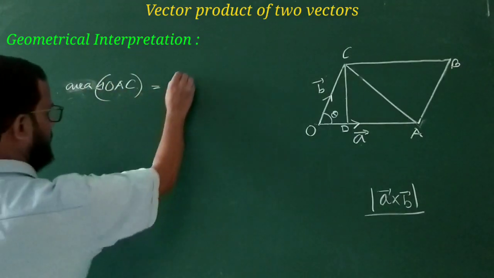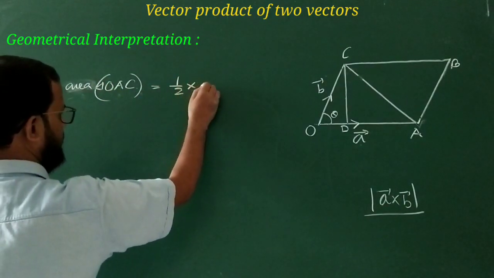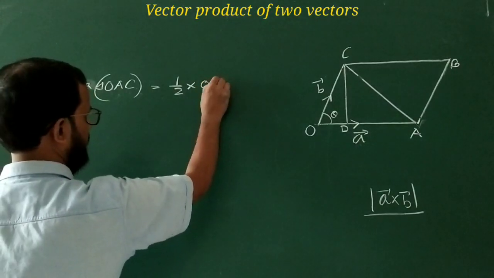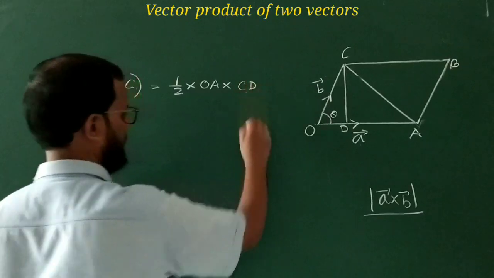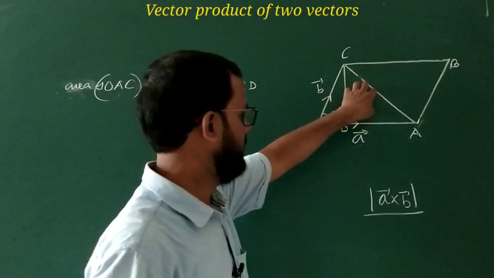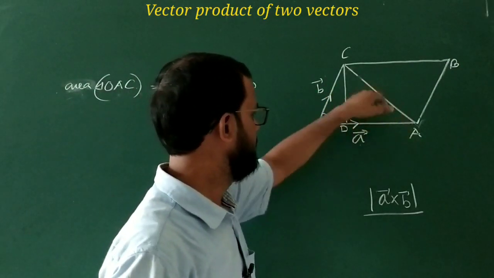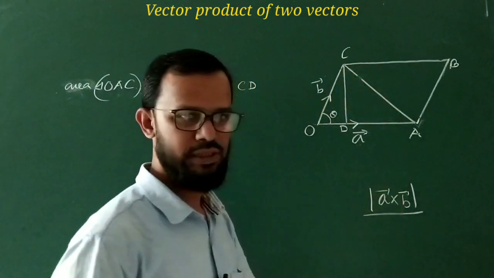We know that area equals half into base into altitude. Base is OA, altitude is CD.